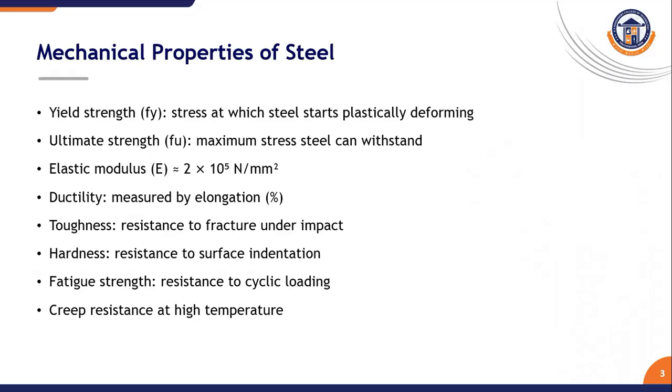Steel has a very high modulus of elasticity, approximately 2 × 10^5 Newton per mm square, which indicates its stiffness. Ductility is measured by the percentage elongation and indicates the ability of steel to undergo deformation without cracking.